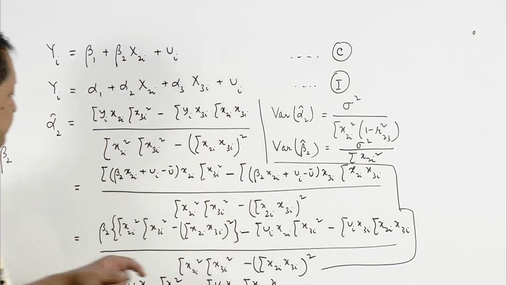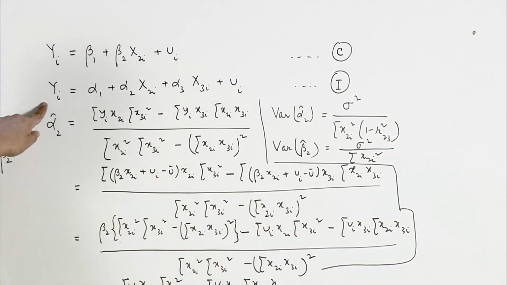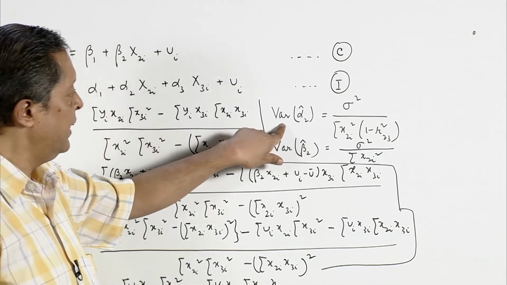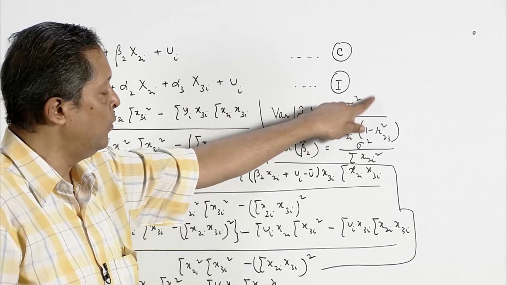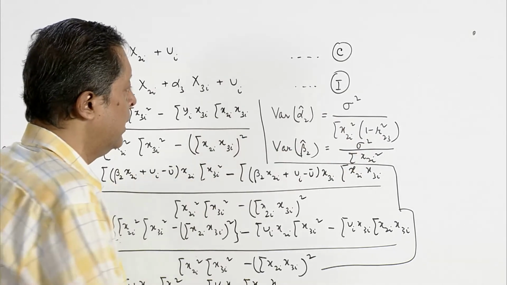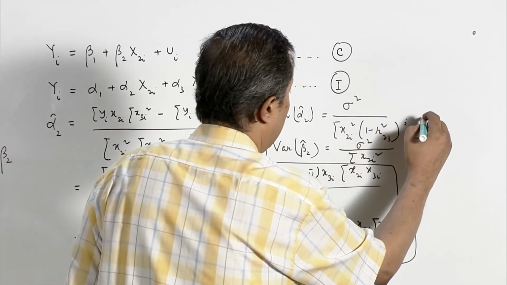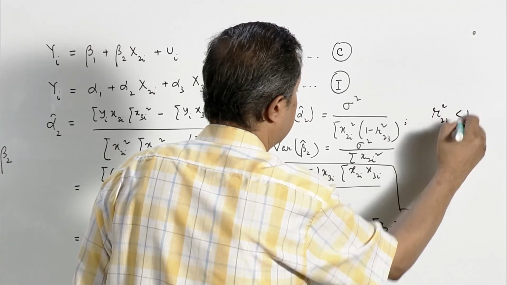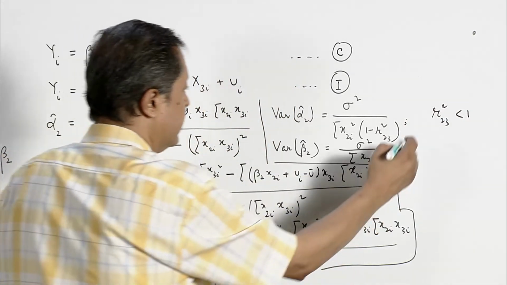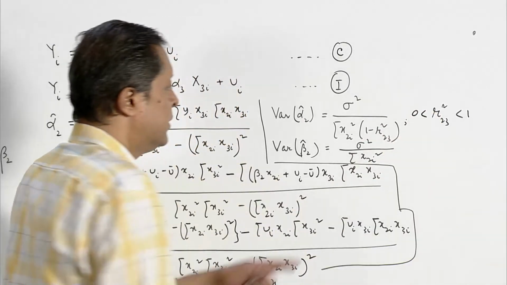So, from the incorrectly specified model, the variance of the estimated alpha 2 is going to be larger, because here we have 1 upon 1 minus r square 2 3, and r square 2 3 is less than 1, but greater than 0. So, this is a regular fraction.